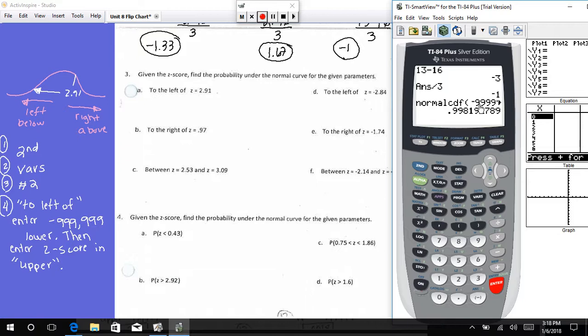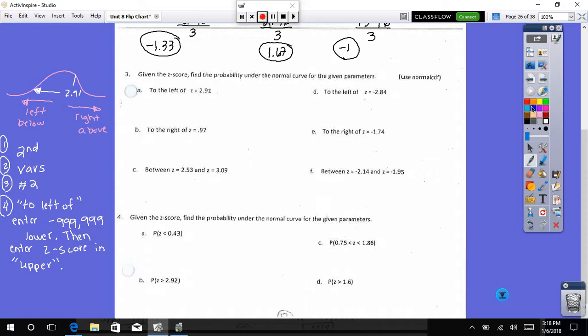Hit enter again, and there it tells us 0.9981. So let's say almost 1, which would be 100%. Change that to a percentage, and it basically is 99.81%.